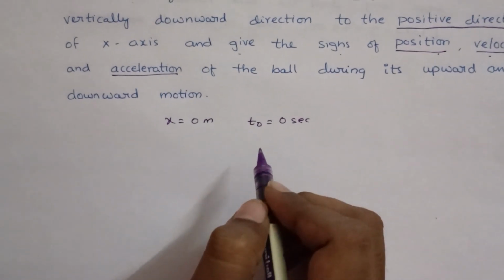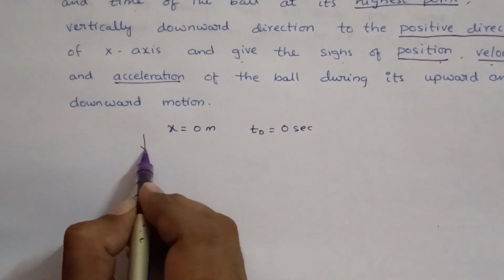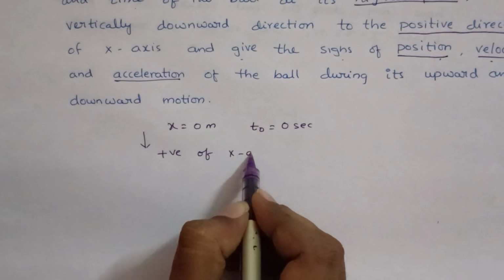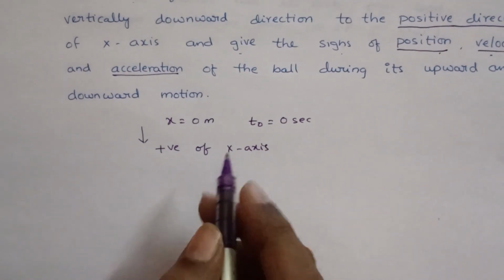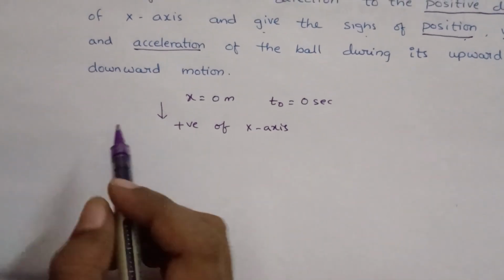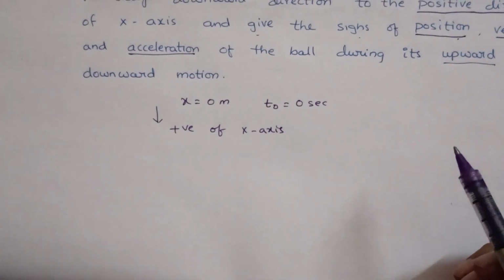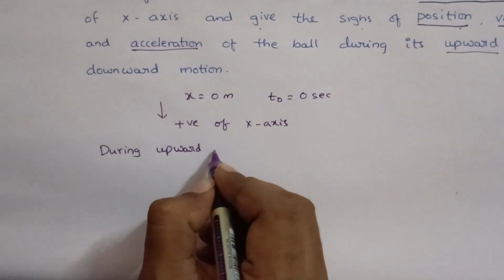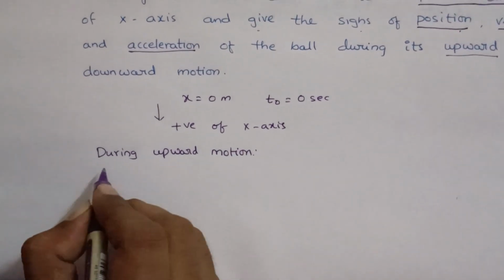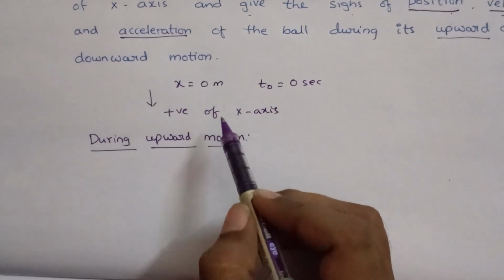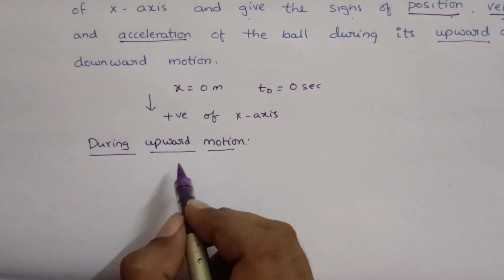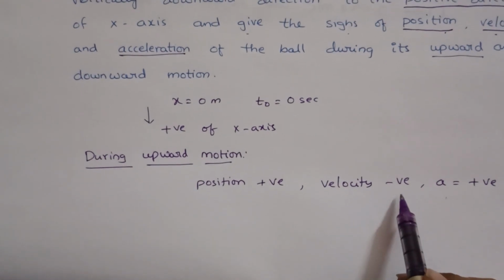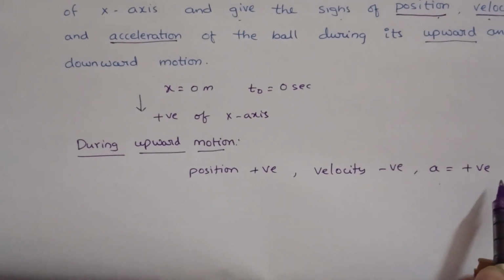So it is starting from that point, and we take the vertically downward direction as the positive of the x-axis. As downward is positive, during upward motion position is positive, velocity is negative, and acceleration due to gravity is positive.